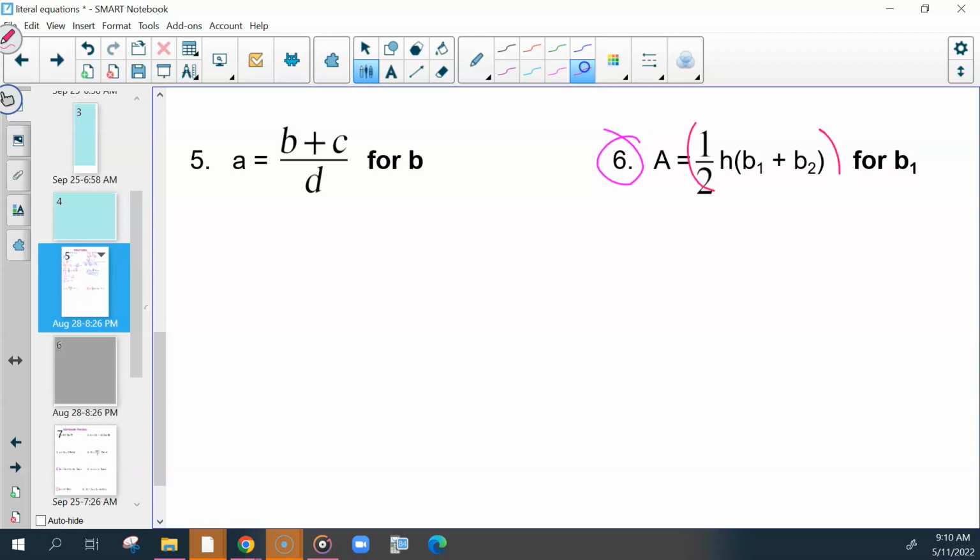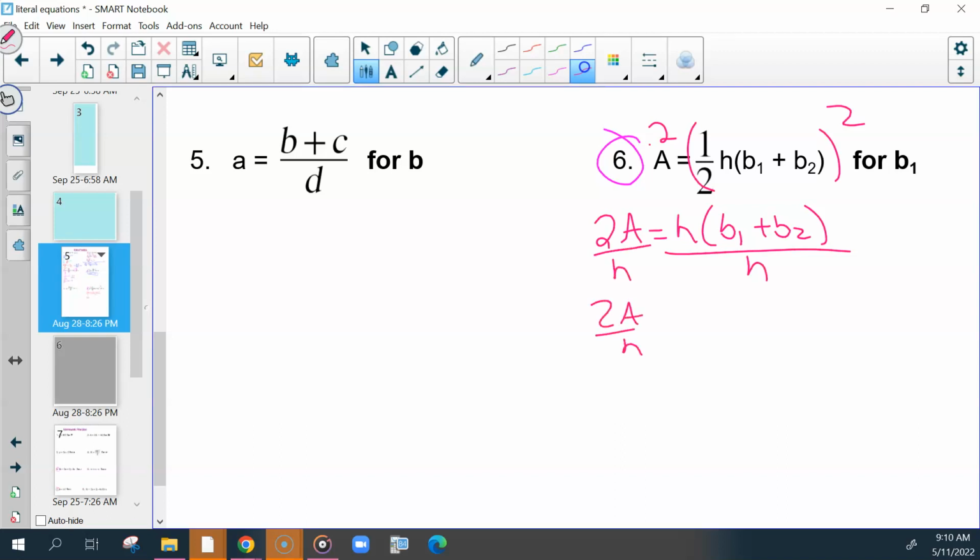So multiply this entire side by 2, reciprocal, and do the same thing over here. And then we could get rid of h by dividing both sides by h. Then our parentheses would drop, and we can easily solve for b1 by subtracting b2.